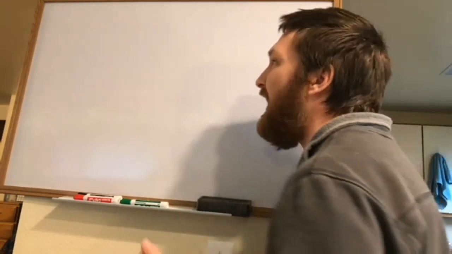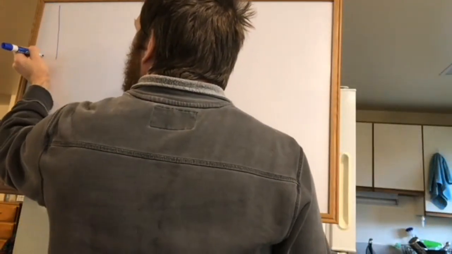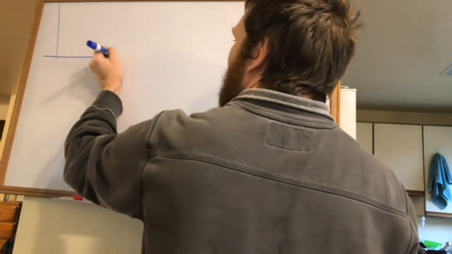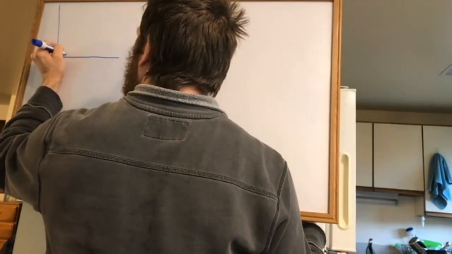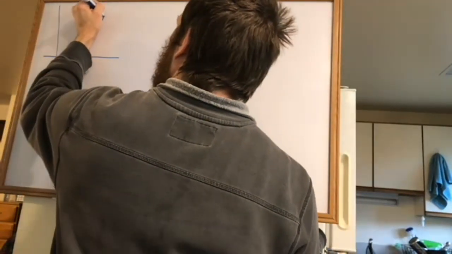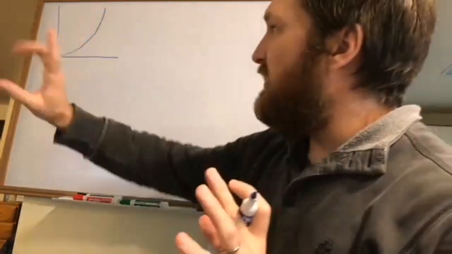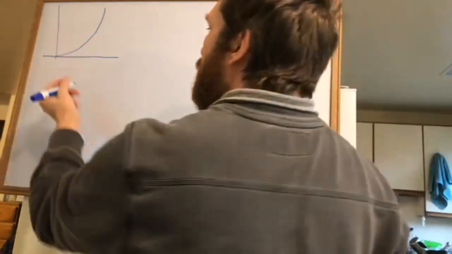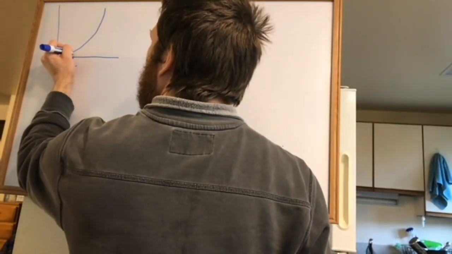Sure. Okay, so what we're going to do is square stuff. We're going to take an input and square it. We kind of know what squared looks like. For instance, if I take 2 and I square it, what do I get?